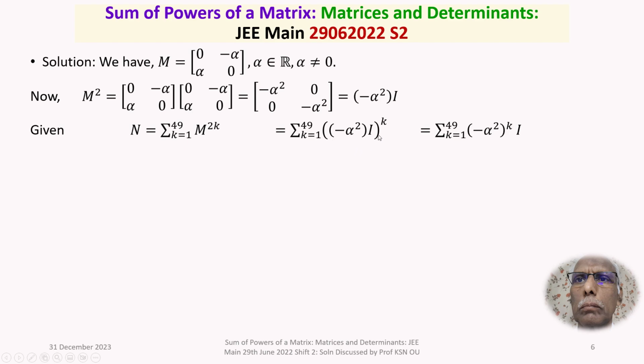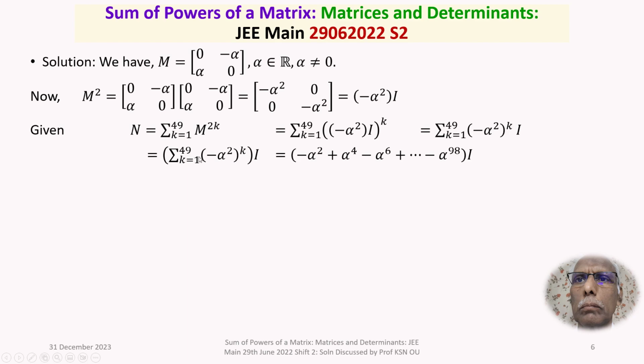When you multiply I into I, k times, it is I only. So we get (minus alpha square) power k into I. Taking the scalar outside, it is the sum from k equal to 1 to 49 of (minus alpha square) to the power of k, multiplied by the identity matrix.